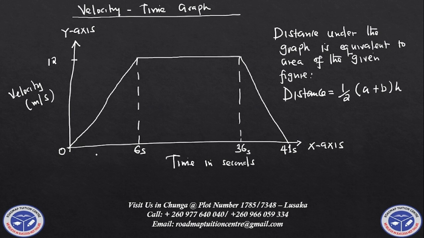As you can see there, OA is telling us that the vehicle was accelerating, then AB was a constant speed or constant velocity, then BC was a retardation. So what we need to do is identify which one is our height, which one is the value of A, and which one is the value of B on this trapezium.